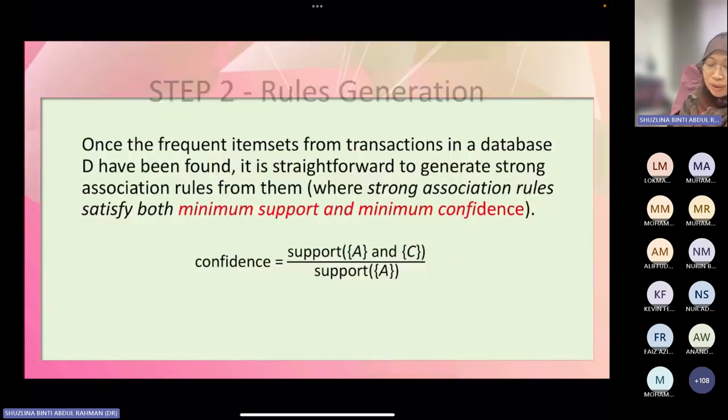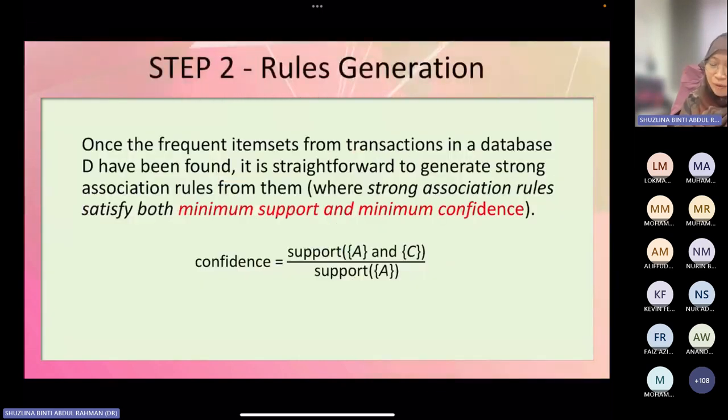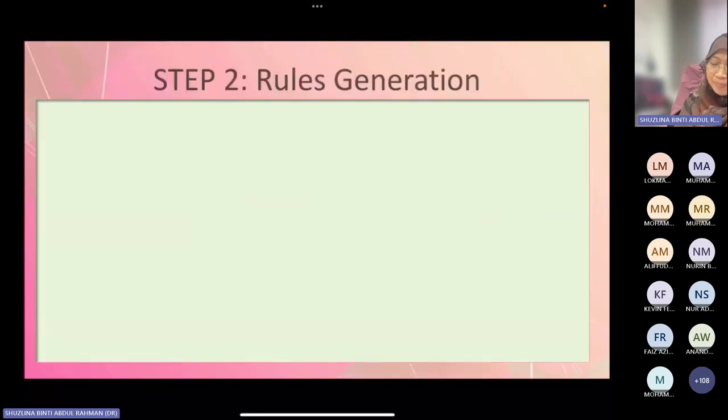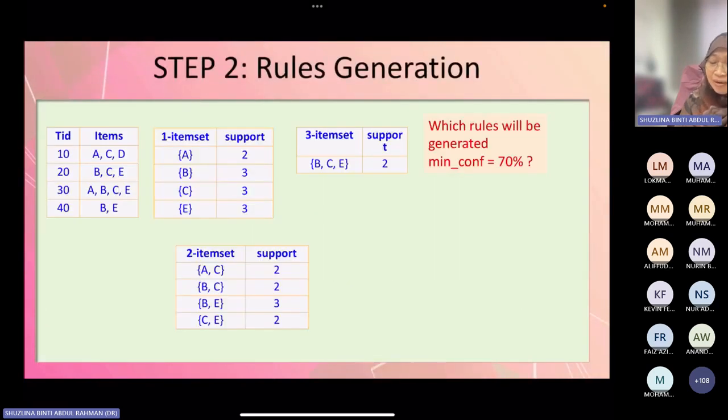We can continue doing this for K equal to 3, where we have BCE. The way we generate the rules depends on the number of items and any possible combinations.